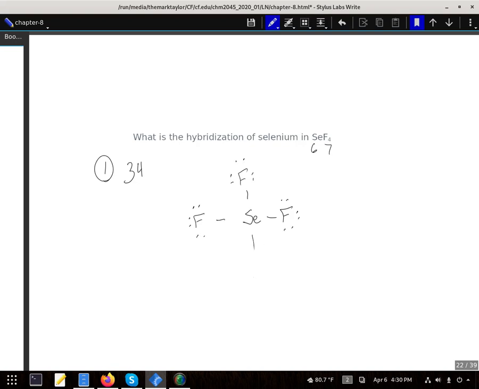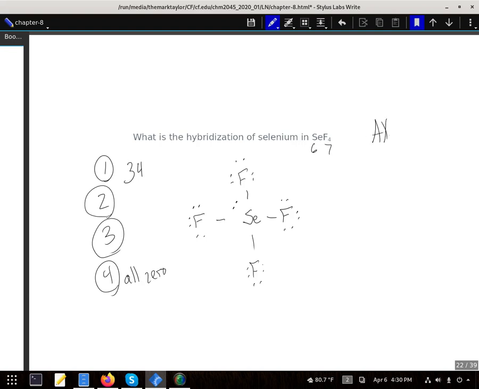This would get me up to 32 valence electrons, so I'll put the remaining 2 right there on the selenium. And if I check, all my formal charges are 0. So that is an acceptable structure for selenium tetrafluoride.